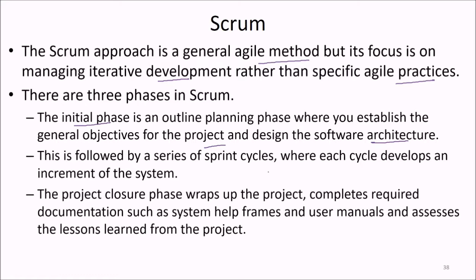Then you have a series of sprint cycles where each cycle develops an increment of the system. The project closure phase wraps up the project, then completes required documentation such as system help frames and user manuals, and assesses the lessons learned from the project.